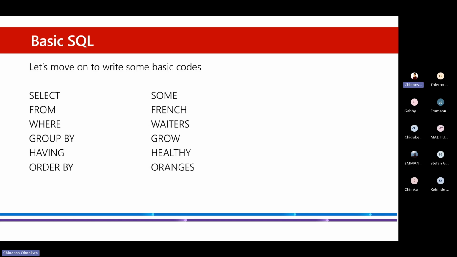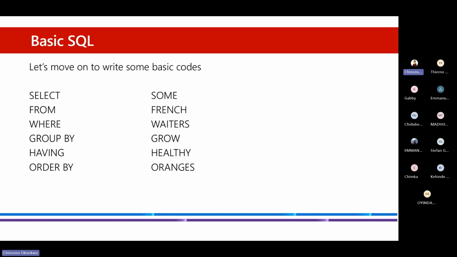Now, moving forward, let me first introduce you to some basic syntax that you would deal with when you write SQL code. I want to give you a brief overview of this syntax to start with, right? So you have your select, from, where, group by, having, and order by. These are the SQL statements that you use the majority of the time.